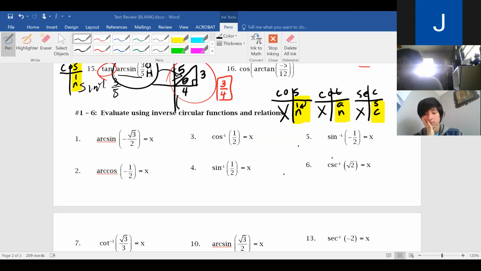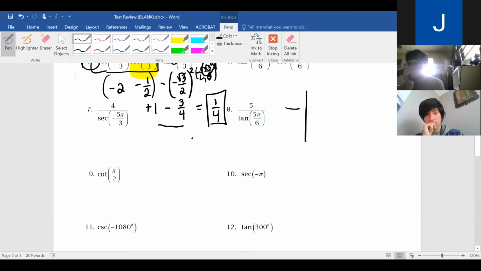So I guess if you look at number 1, you want inverse sine here, right, of this answer. So we're looking for y. Where is this y negative?